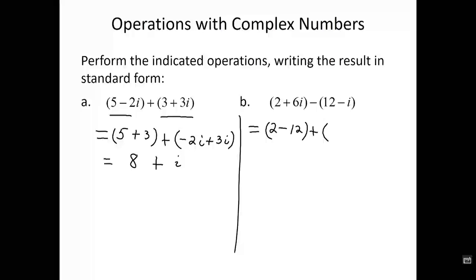So I have 6i minus a negative i. So we have a negative 10 plus 7i. The real part is a negative 10, and the imaginary part is 7.